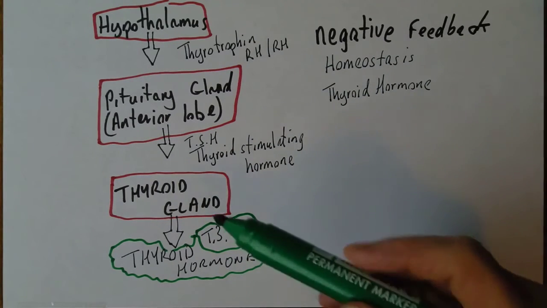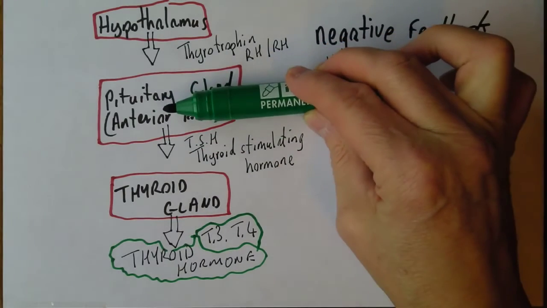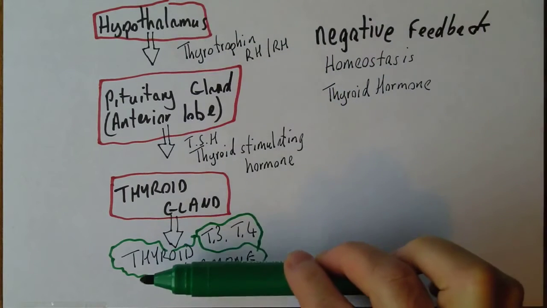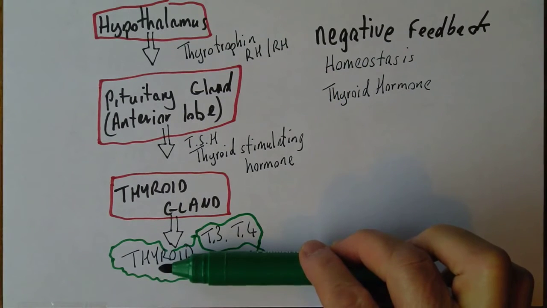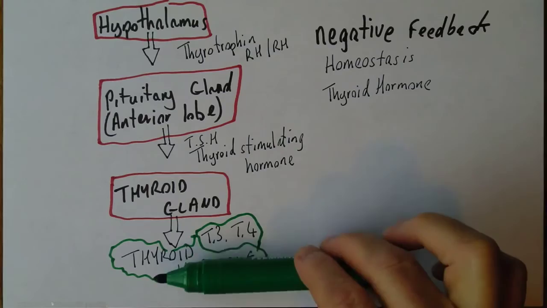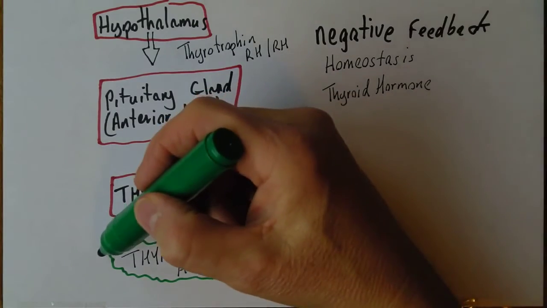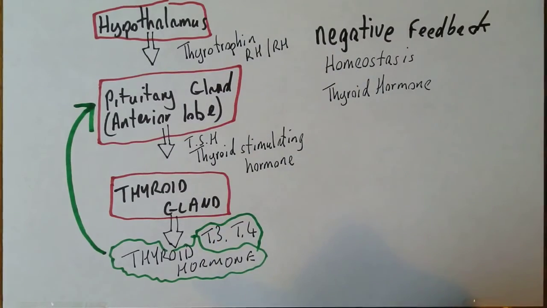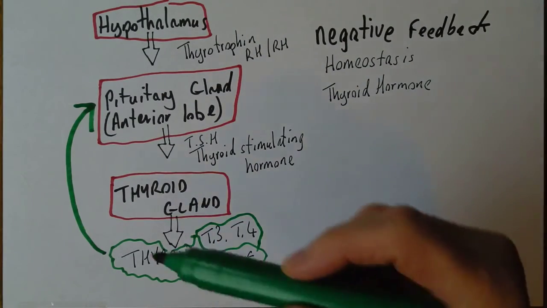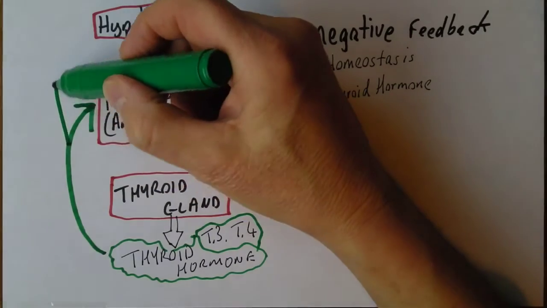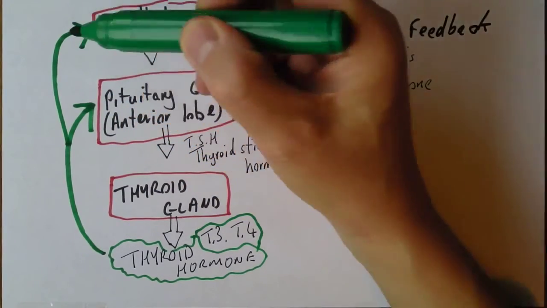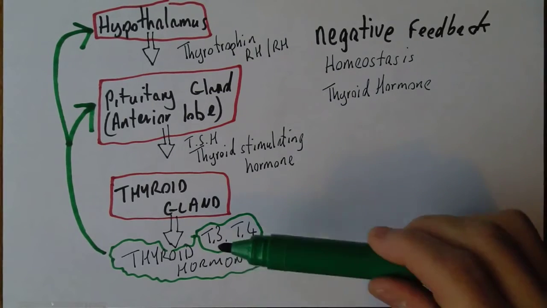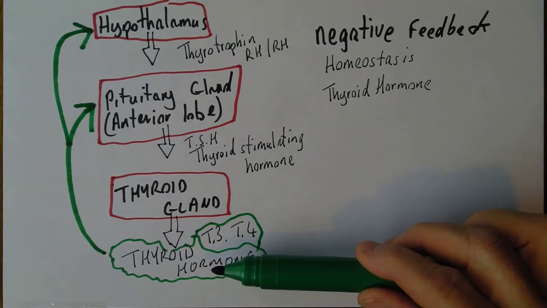So what happens is the anterior lobe of the pituitary gland and the hypothalamus are both sensitive to the levels of thyroid hormone in the blood. As the levels of thyroid hormone in the blood increase, that will be detected by the anterior lobe of the pituitary gland, and perhaps more importantly, it will also be detected by the hypothalamus, because we now have increasing levels of thyroid hormone.